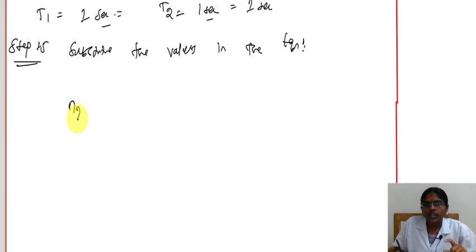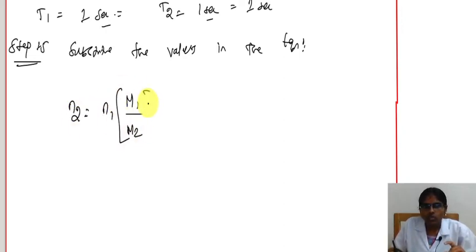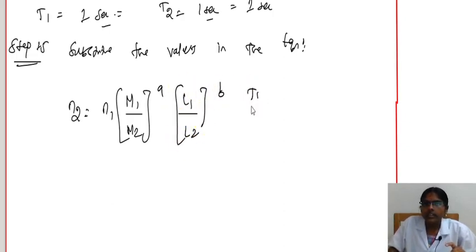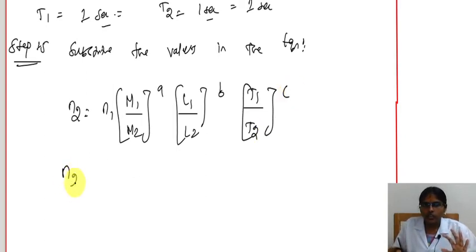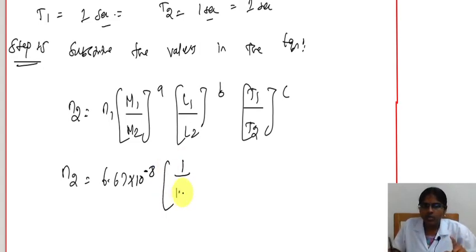So N2 is N1, M1 by M2 power A, L1 by L2 power B, T1 by T2 power C. N2 I don't know. N1 is 6.67 into 10 power minus 8. M1 in CGS is 1. M2 is 1000.